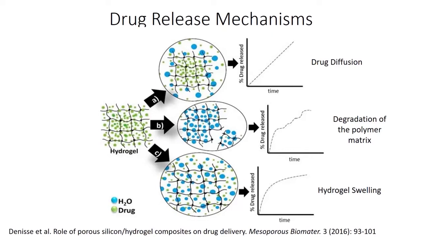So this gives you an idea of which different mechanisms you can use to load drug into an implant or a scaffold or hydrogel, and how this can affect the drug release rate, which may also have an effect on how successful your scaffold is at doing whatever application you are set out to do.